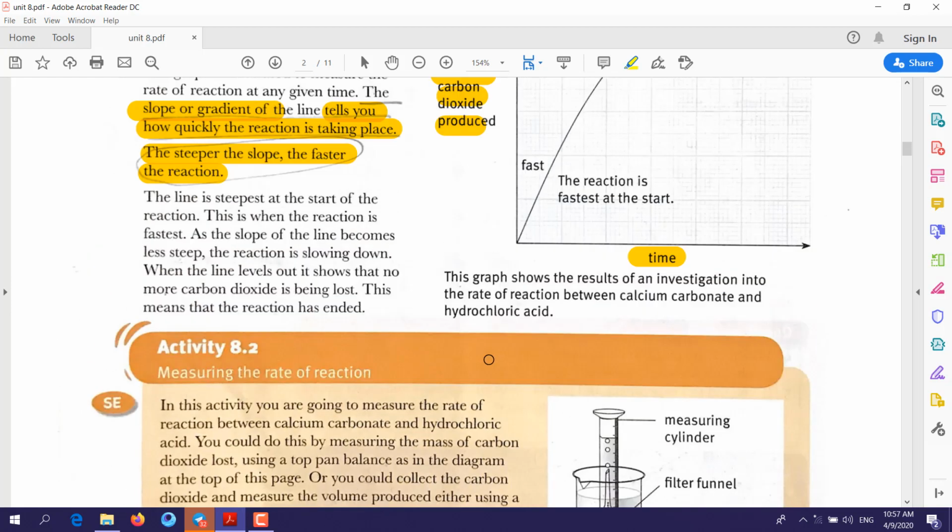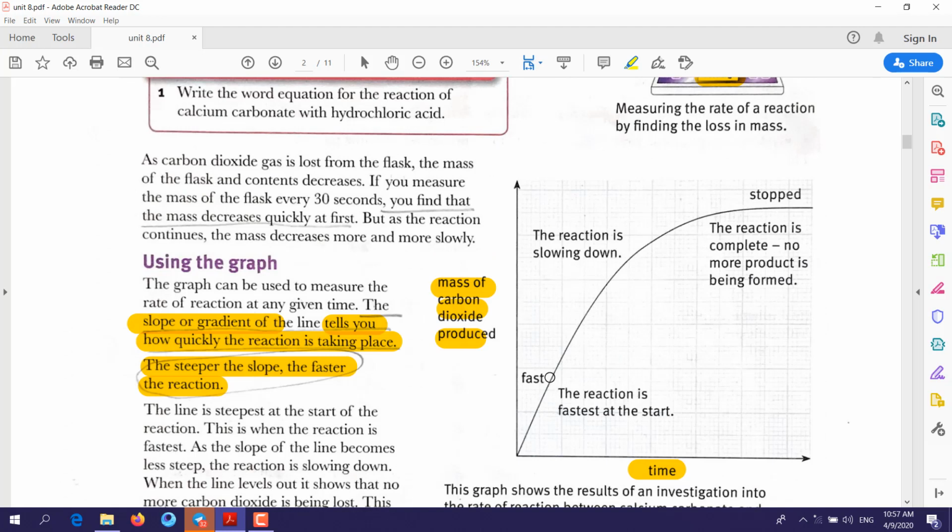So now if you have this graph and a question that says at which point the chemical reaction was fast, at which point it's slower, and when it stopped, you will say at this point it's fast, here it will be slower, and at this point the chemical reaction stopped.